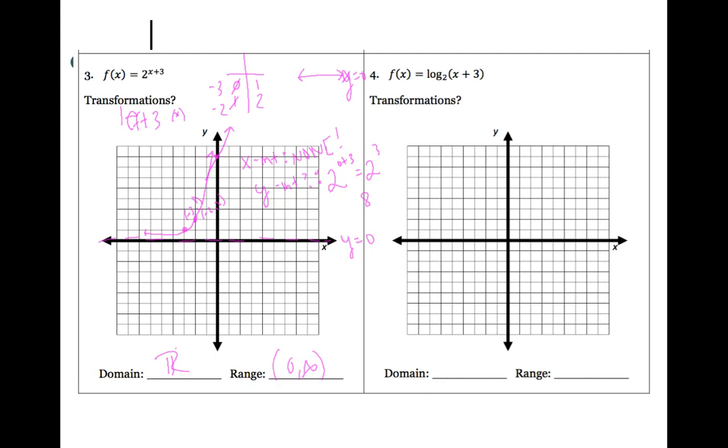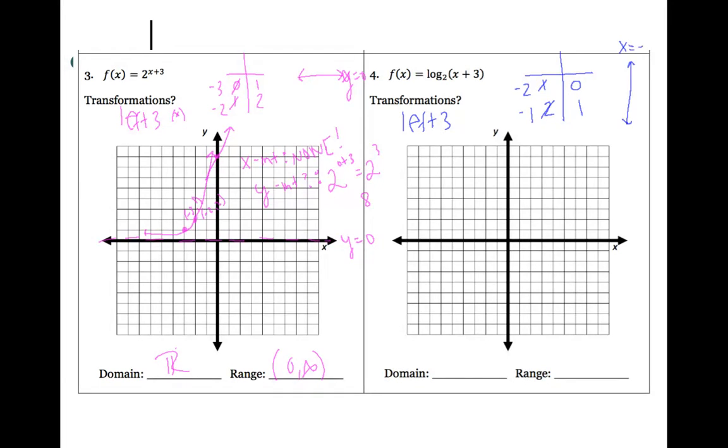Over here, I have log base 2 of x plus 3. So this is actually going to be going left 3 as well. So that's going to give me, instead of 1, 0, I've got negative 2, 0. Instead of 2, 1, I have negative 1, 1. Left 3. So what about if you have a vertical line, you move it left? Oh, that does change it.